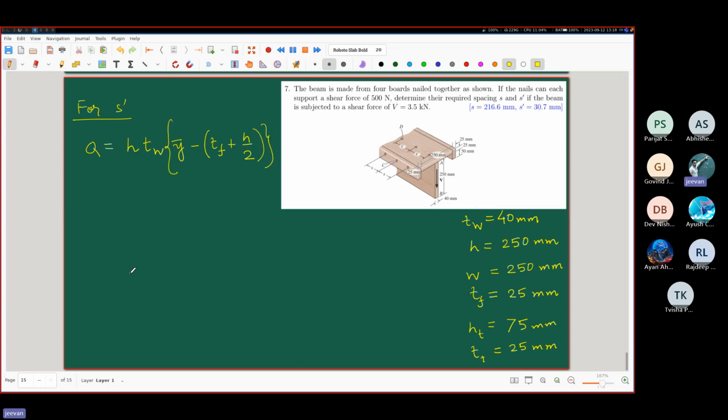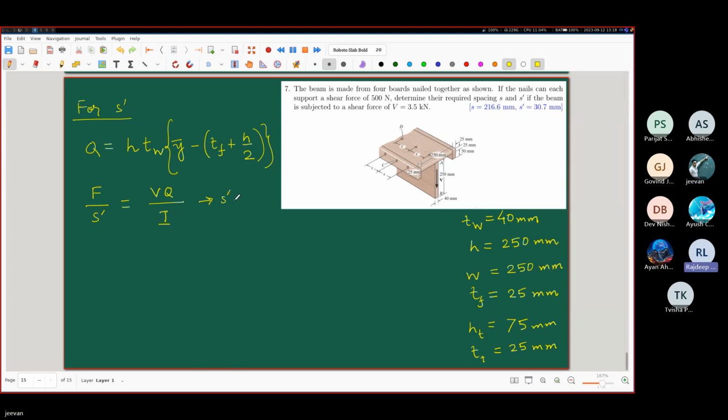This will give you the Q. Now, this is simply F by S dash. This Q divided by I will give you your S dash.